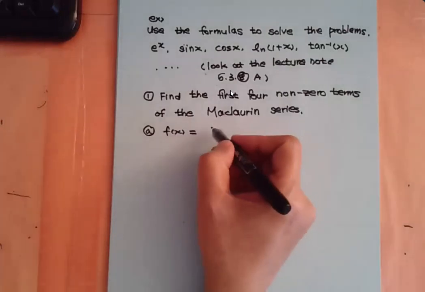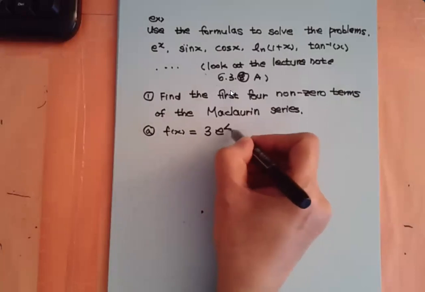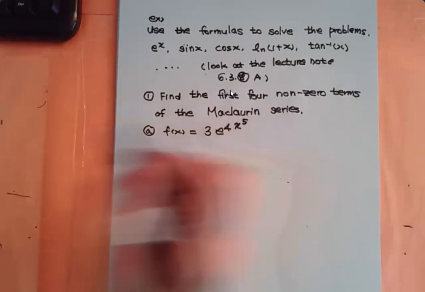So f of x equals 3 times e to the 4 x to the 5th power.